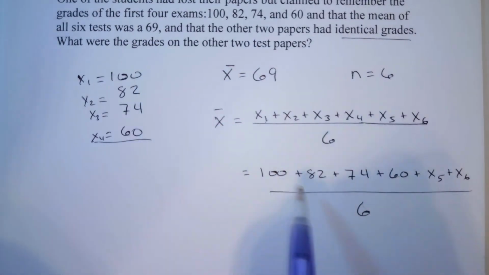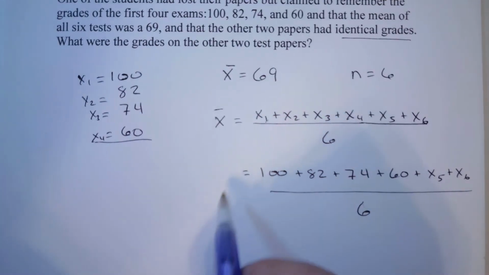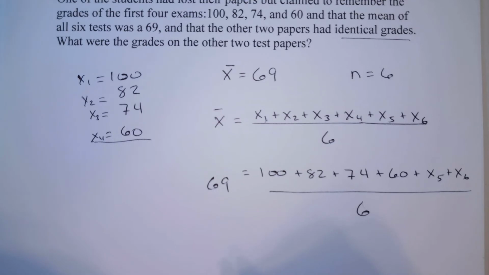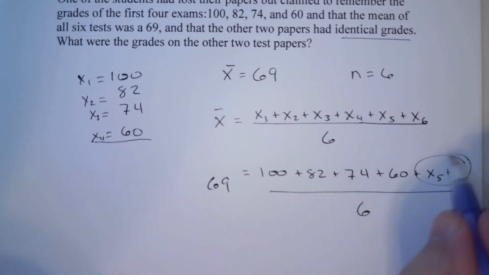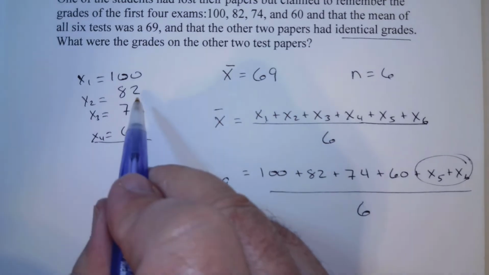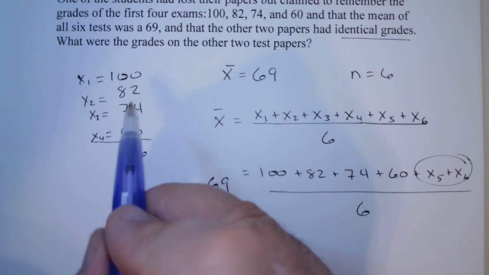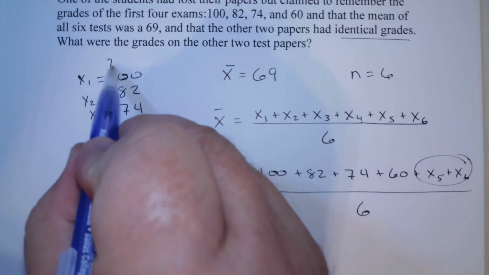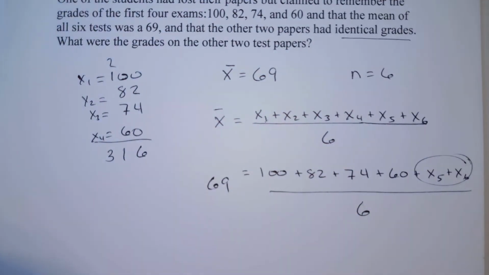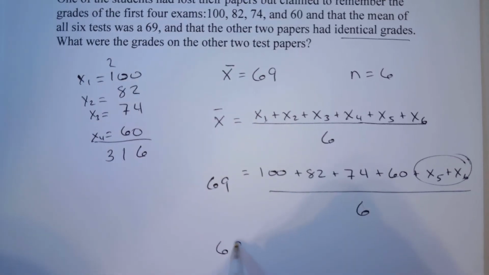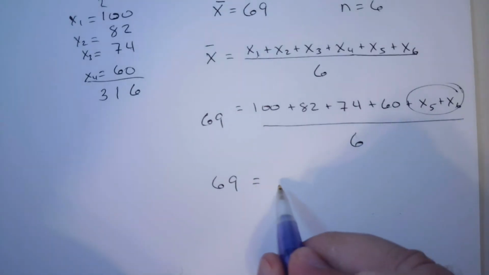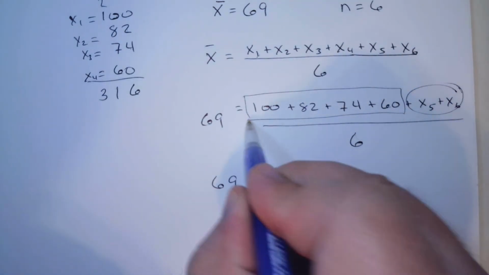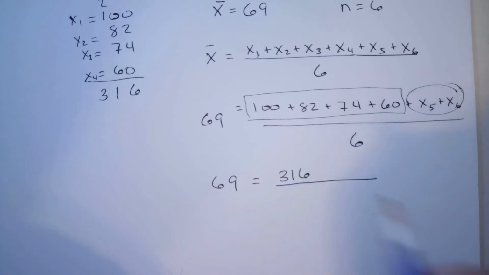All right, as we know, the mean was 69, and we have to find these 2 values. If we add up these first 4 test grades, 4 plus 2 is 6, 8 plus 7 is 15, plus 6 is 21. So we know that these first 4 grades add up to 316.